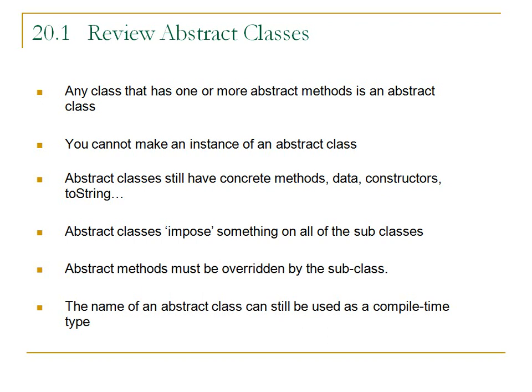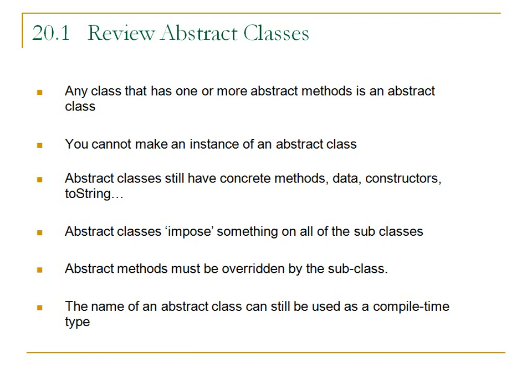So the name of an abstract class is still used as a compile time type. Although you never have an instance of an abstract class, you can have a compile time type.